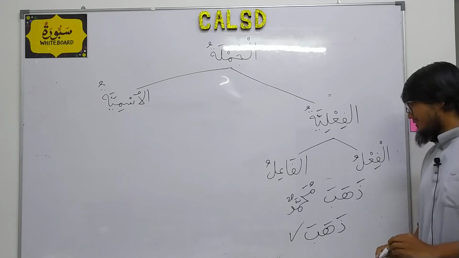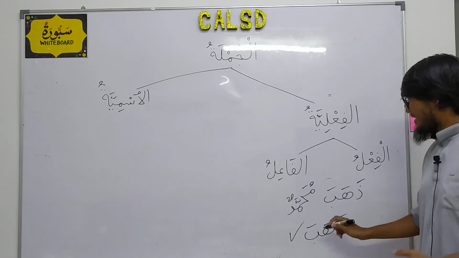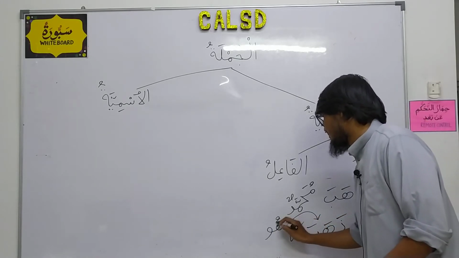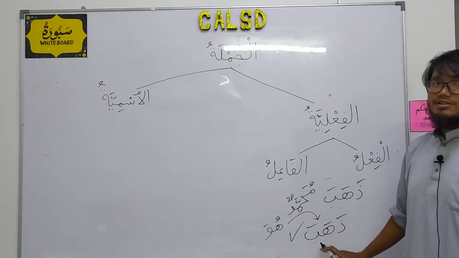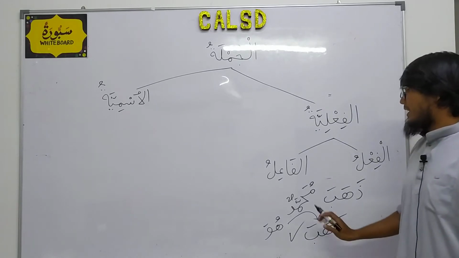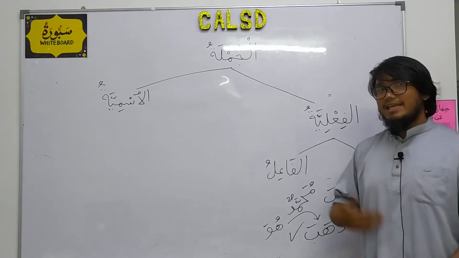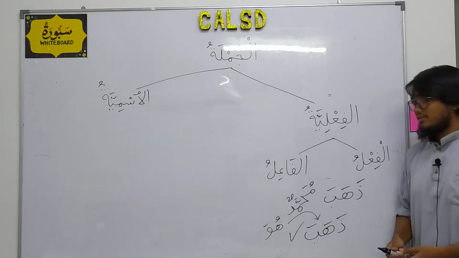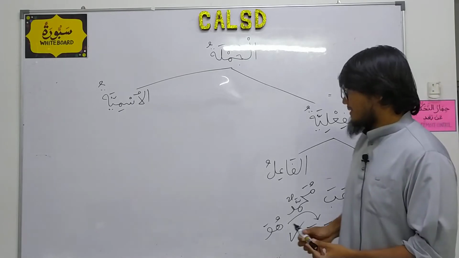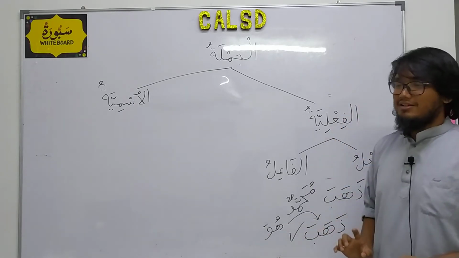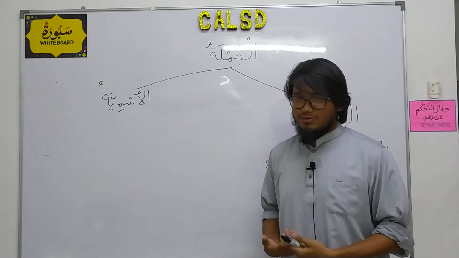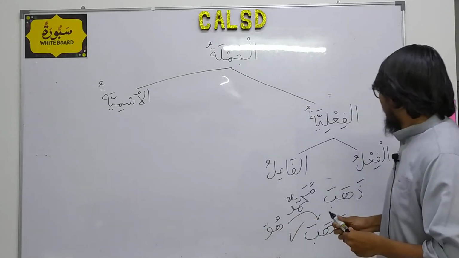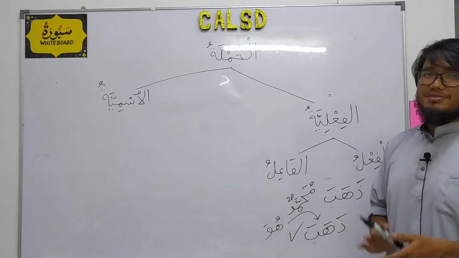Not sure whether you understand this, but inside this dhahaba there is a huwa. So this is considered to be a full sentence. Dhahaba basically means he went. Dhahaba Muhammadun, Muhammad went. Okay? So this is the brief explanation. Of course there are other things where you say al-fa'il, marfu', all that stuff. That comes later inshallah.